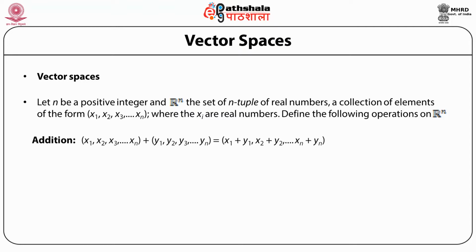First, addition, that is, x1, x2, x3 and so on till xn plus y1, y2, y3 and so on till yn is equal to x1 plus y1, x2 plus y2 and so on till xn plus yn.